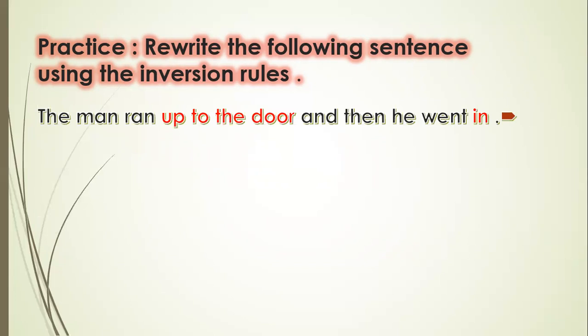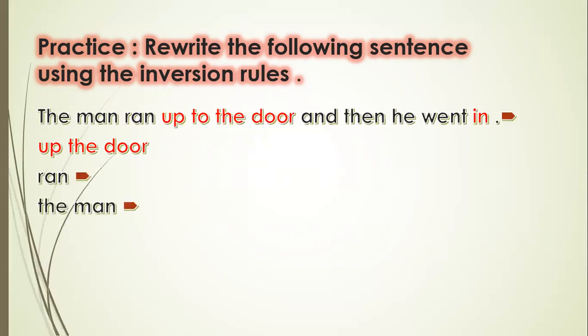The man is the subject, ran is the main verb, and up to the door is the adverb of place. You can use the opposite word order, which is 3, 2, 1, to invert this sentence. Okay, so to make your sentence more attractive, you can say, up to the door ran the man.